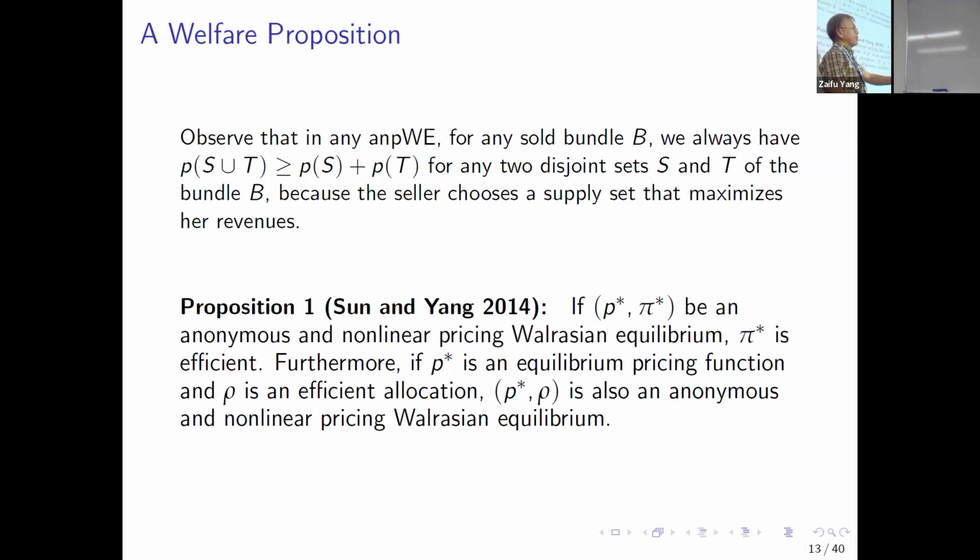Yeah. You want to have B. So if S and T form a partition of B, this should be true. But S cup T might be strictly smaller than B.